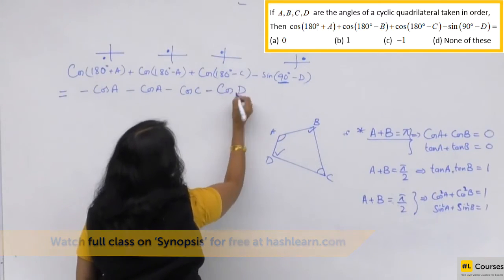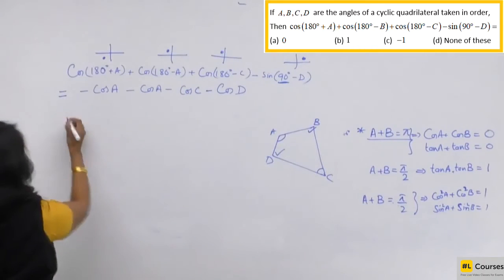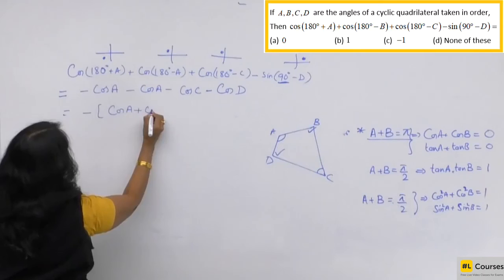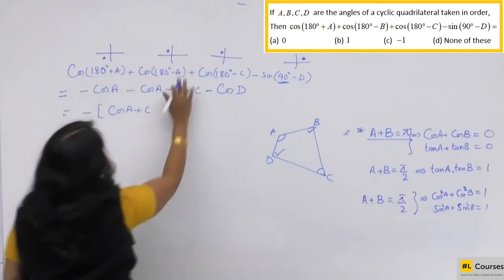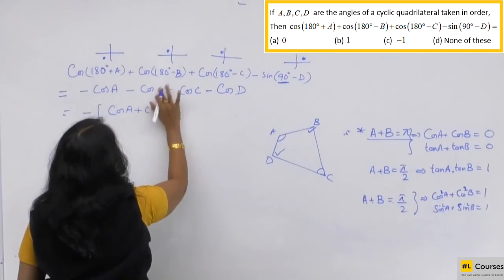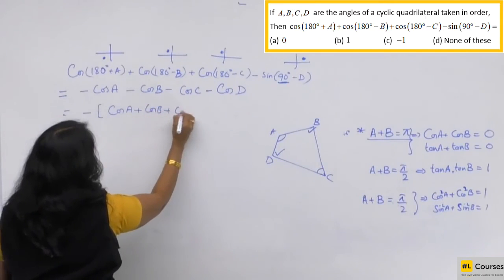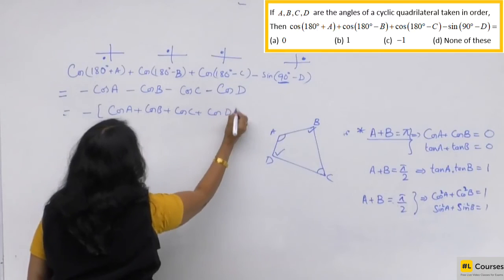So we have minus cos D. What do you find? Entire expression has minus common. So we have cos A plus cos B plus cos C plus cos D.